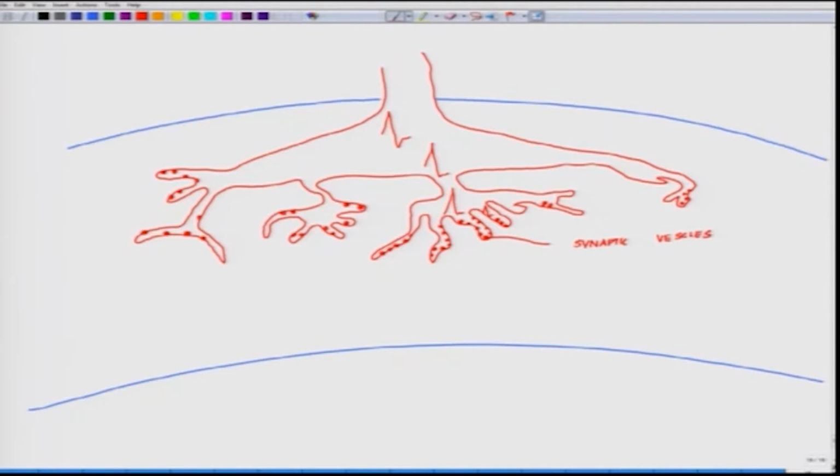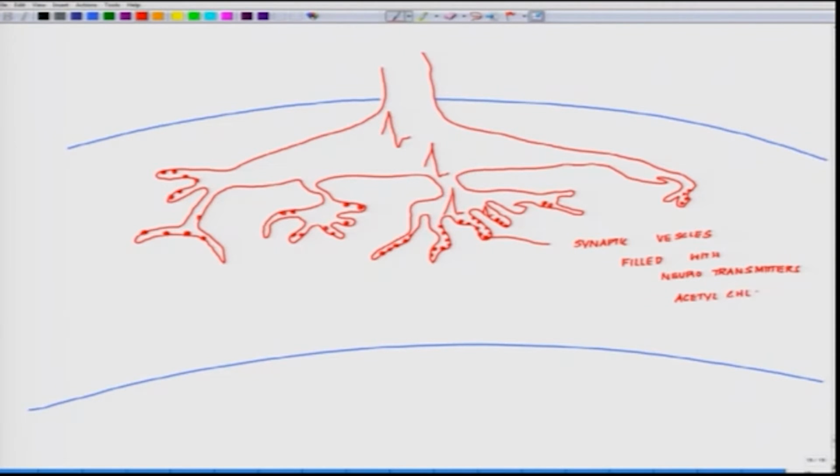These synaptic vesicles are filled with neurotransmitters, and in mammalian systems most of these neurotransmitters are acetylcholine.